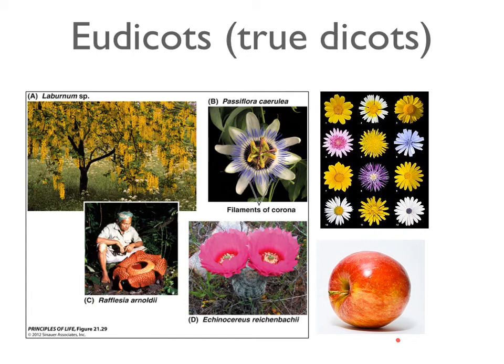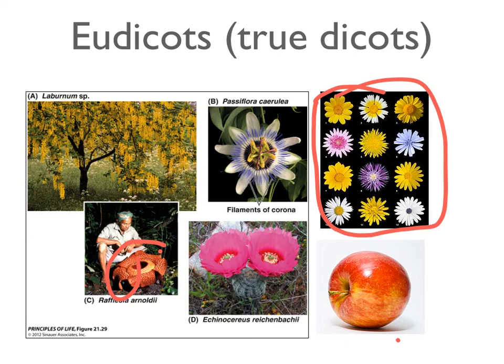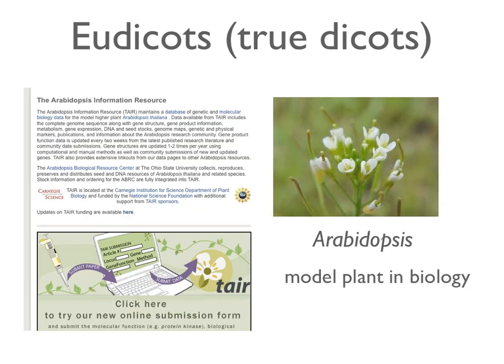Apples are part of a genus. They're in the rose family. All of these are in the daisy family. I'm not sure. Oh, this is one of those stinky plants. Okay.